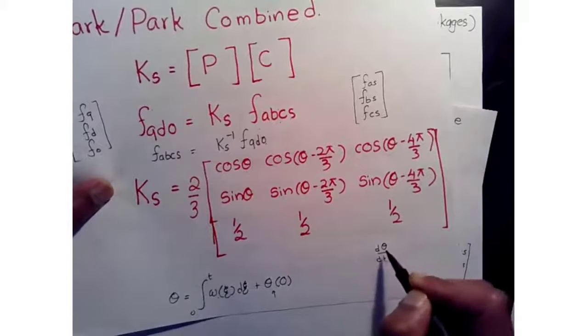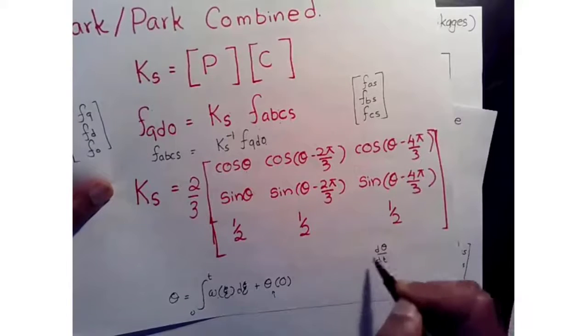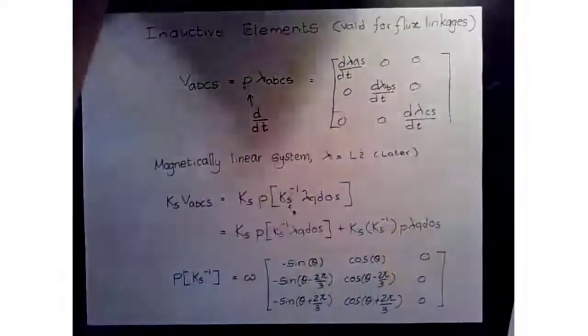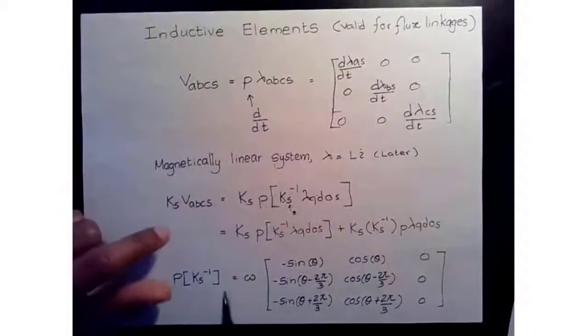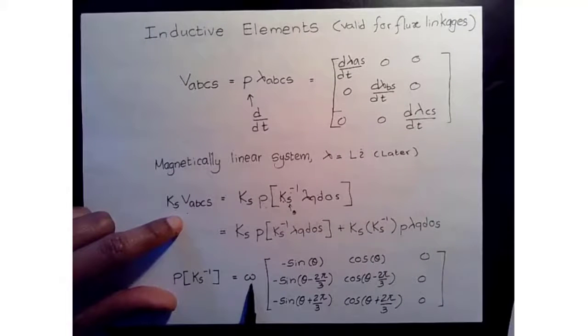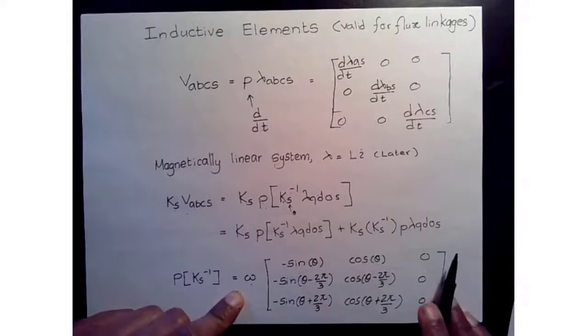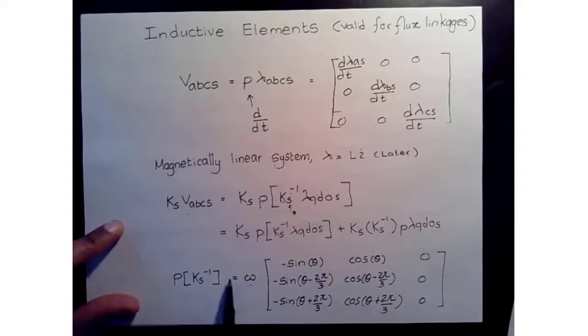What is the rate of change of angular position? We have a name for it, right? Yeah, angular velocity, exactly. So that is what we get as the common variable times the derivatives of the elements inside the matrix. So the derivative of ks inverse ends up being this matrix.